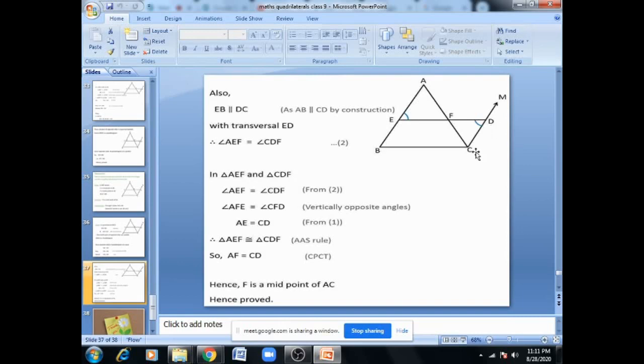So in these two triangles, by the angle-angle-side criterion, we come to the conclusion that they are congruent. And once the triangles become congruent, their corresponding parts become equal. Therefore, AF is equal to CF. So we have proved that F is the midpoint of AC. This is the converse of the midpoint theorem. So only the statement part you should remember for solving the questions, right?